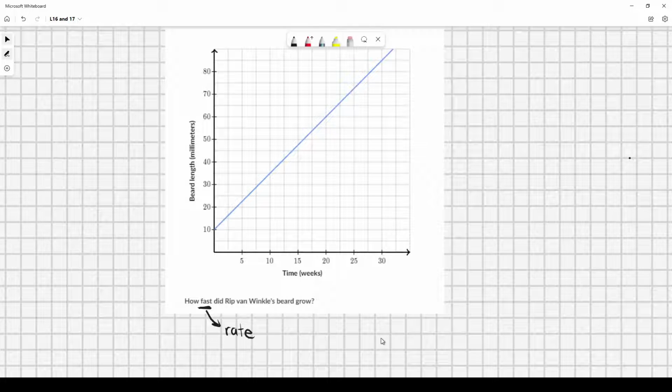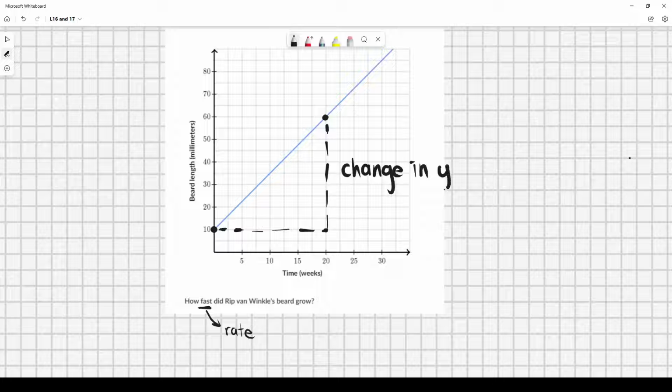So if you want the rate, all you have to do is find the slope of this line, because usually the rate represents a slope. So let's find two good points. I think this is a good point over here. So this point and this point, I'll find the slope using these 2 points. Slope again is the change in y divided by the change in x.